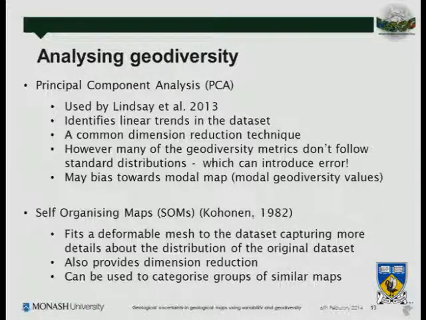With principal component analysis, it doesn't work as well if you've got, say, 10 metrics for 5 lithologies, then you're going to have to cut them down. So what Mark did was one principal component analysis for each lithology, and then chose the ones which showed the most variability. Self-organising maps allow you to use more. And what it will do is categorise the maps into groups that are similar, so it's a dimension reduction tool.